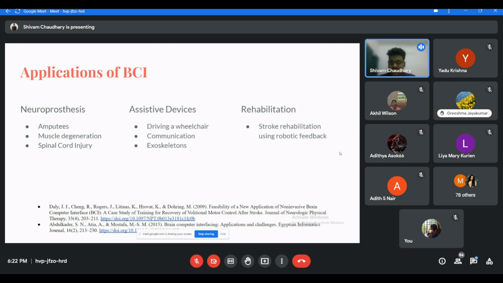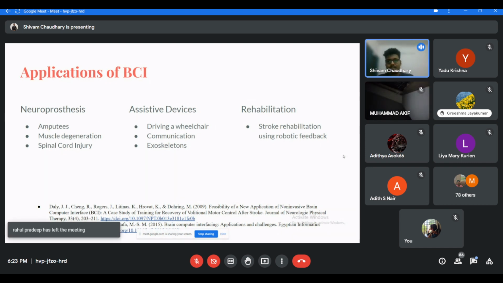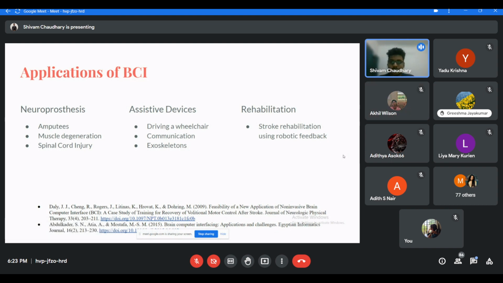But with so much population and the dearth of physiotherapists, rehabilitation could happen with robotic feedback as well. So a person imagines doing something, and the exoskeleton or the robot moves that part of the limb. By this, the axons, the neurons in the limb, are forced to remake the severed connections. All right.